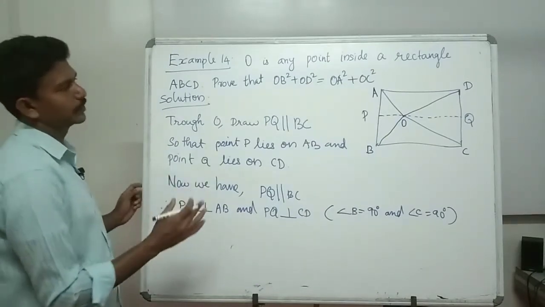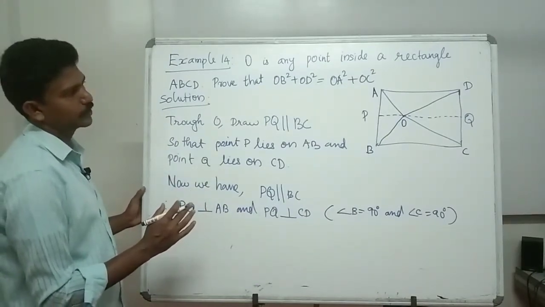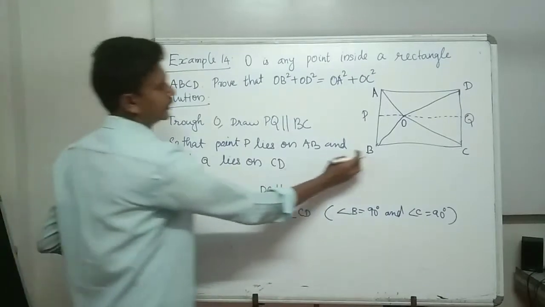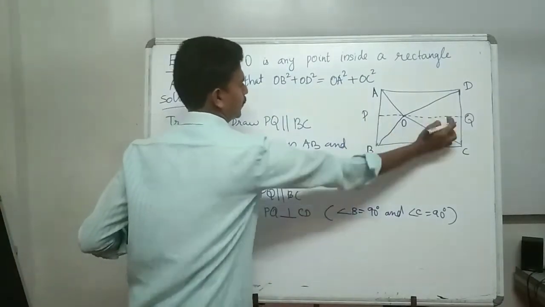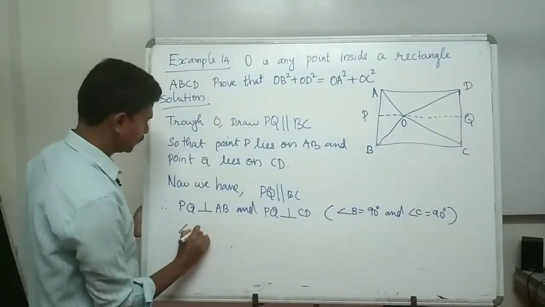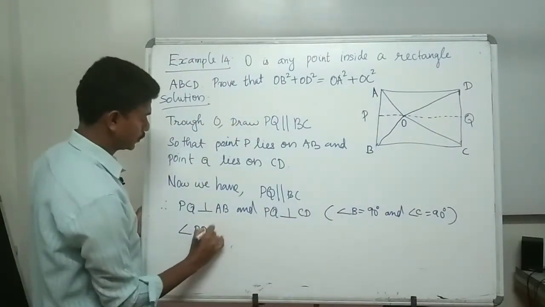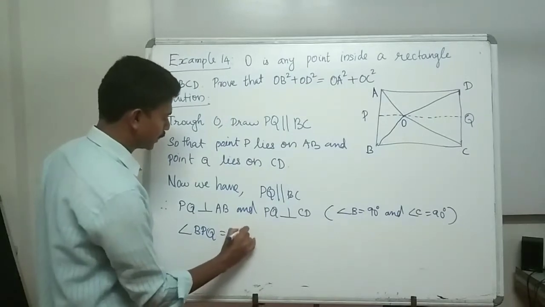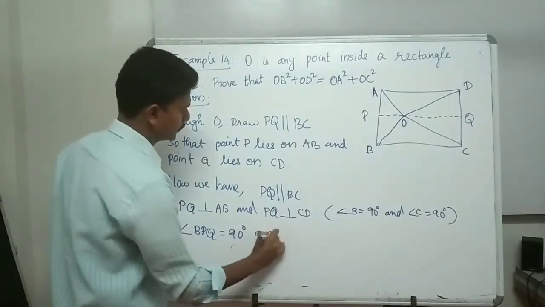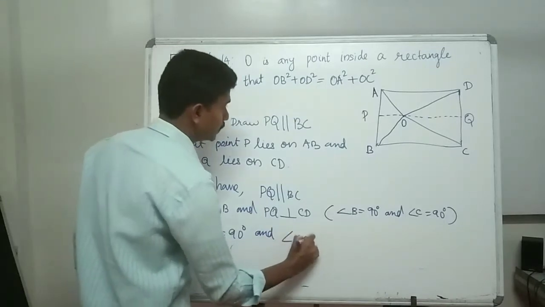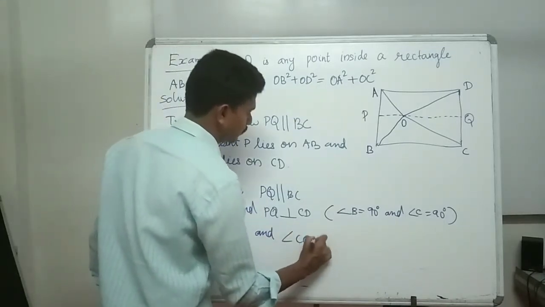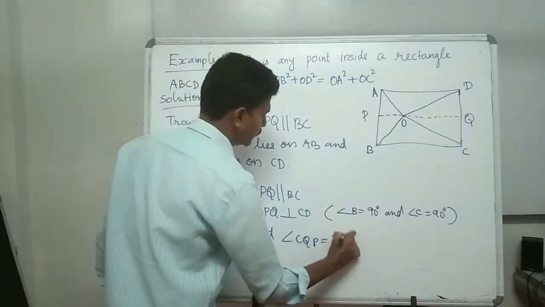Since it is perpendicular, what is the value of this angle? Angle BPQ will be equal to 90 degrees, and angle CQP is also 90 degrees.